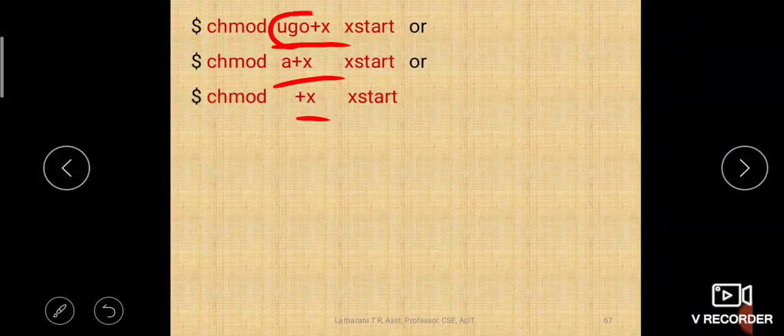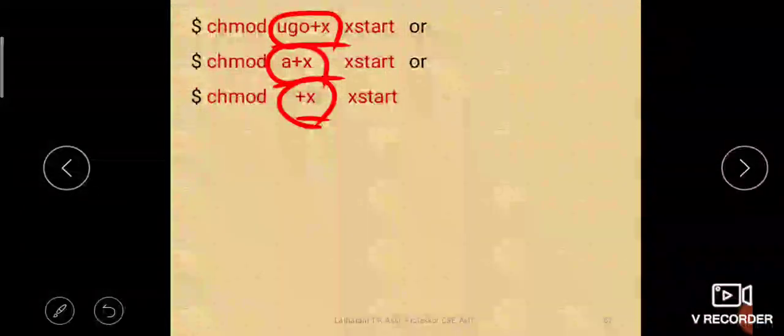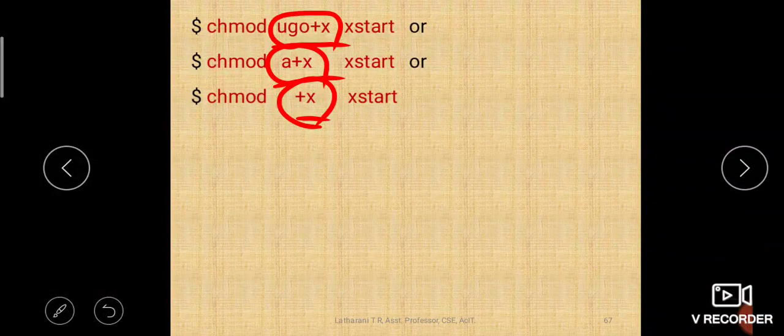Either you can say UGO plus X or a plus X or simply plus X. Everything is the same. It represents all categories of users. You have to add execution permission for all categories of users. That is the meaning. Any one of the expressions you can use for representing all categories of users.